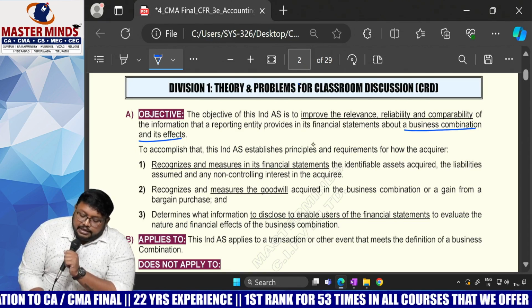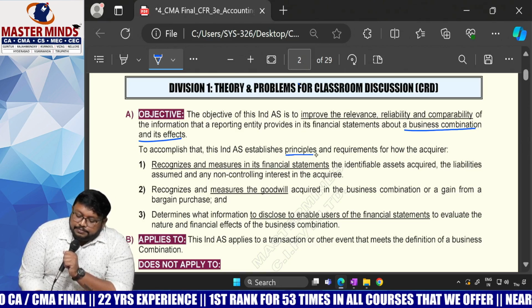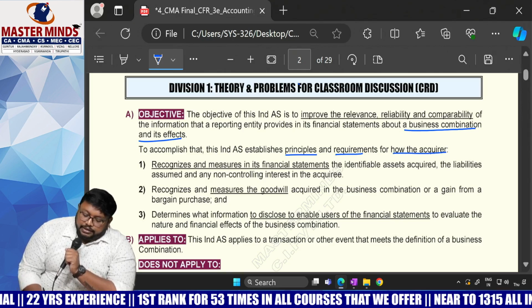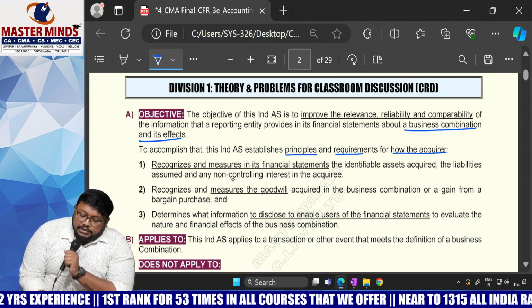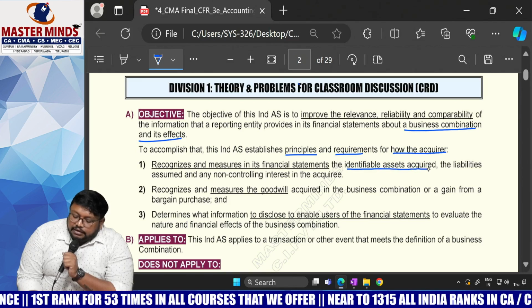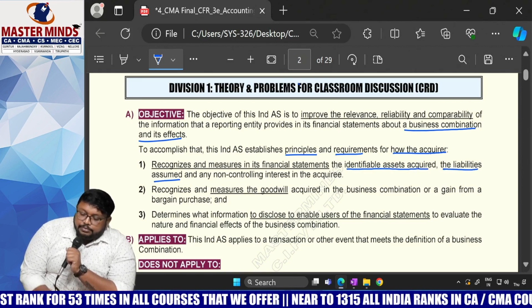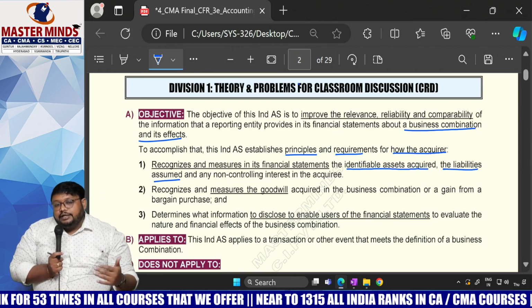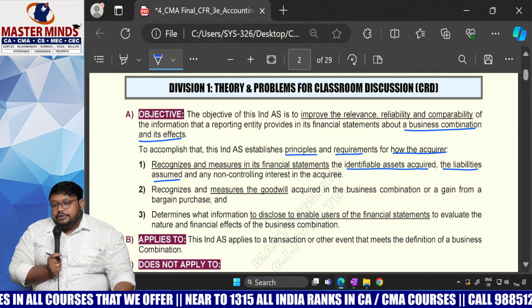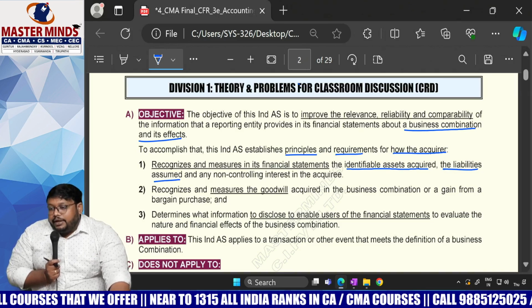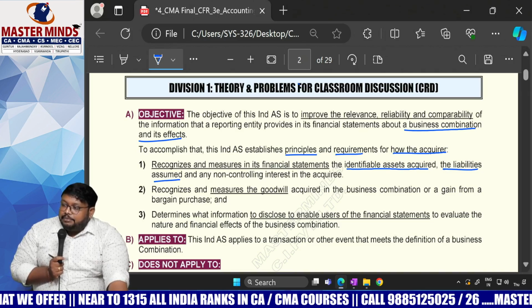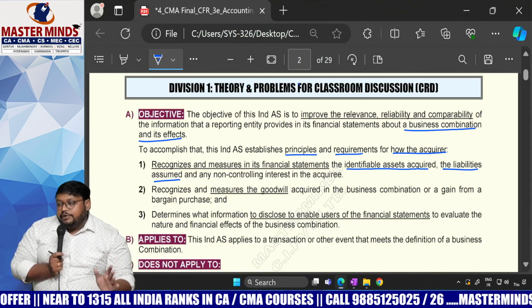To accomplish that, Ind AS establishes the principles and requirements for how the acquirer recognizes and measures in its financial statements the identifiable assets acquired and the liabilities assumed. So identifiable assets and identifiable liabilities, how we have to recognize in the acquirer's books of accounts.